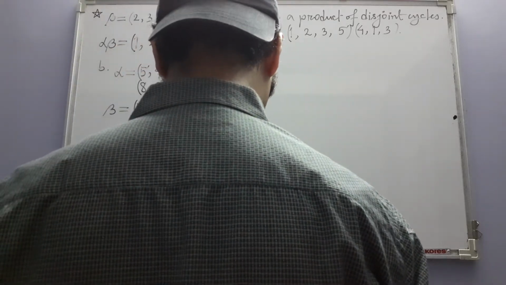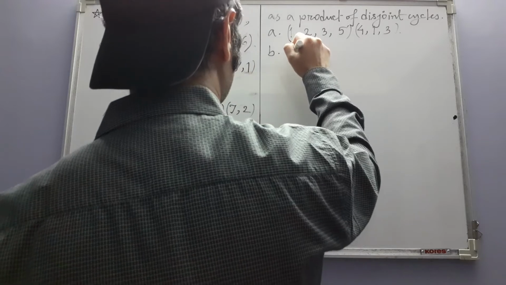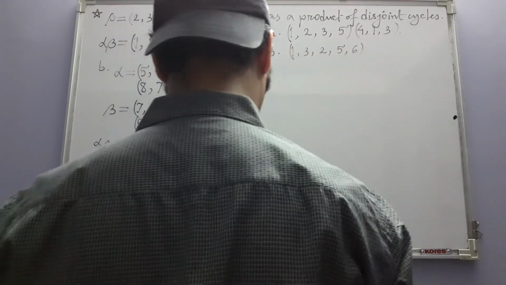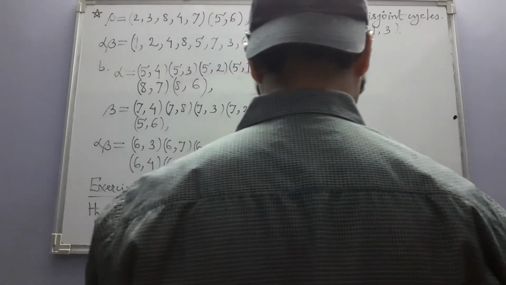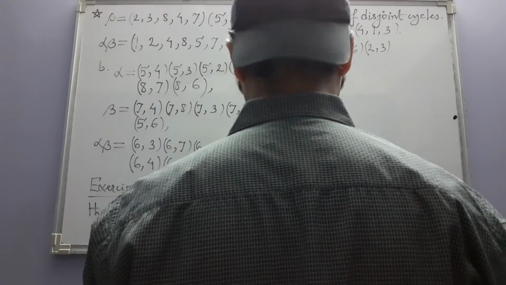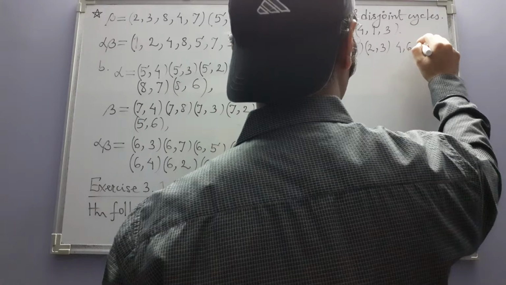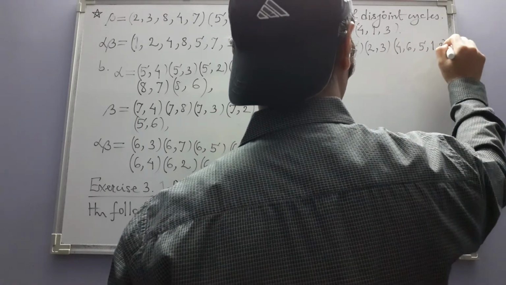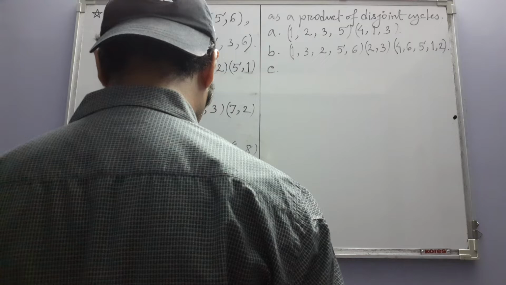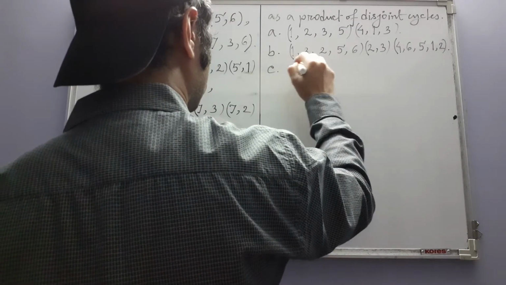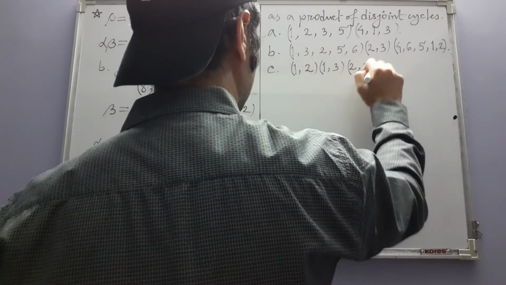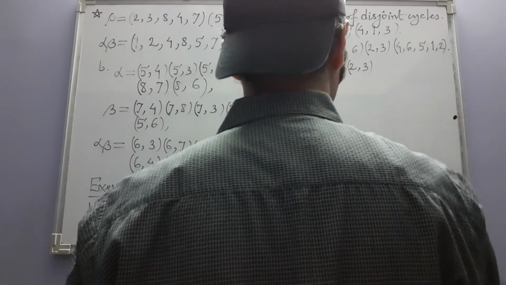B: (1 3 2 5 6)(2 3)(4 6 5 1 2). C: (1 2)(1 3)(2 3)(1 4 2).